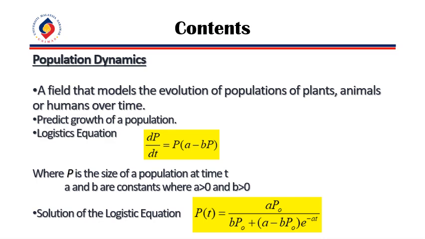However, for a more realistic model, we must include other factors that affect the growth of a population. Previously, in exponential growth and decay, we only touched on the birth and the death, the growth and the decay, but we were not concerned with other factors such as death rate, food supplies and so on.